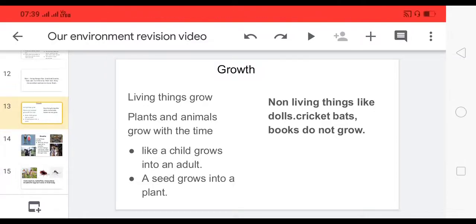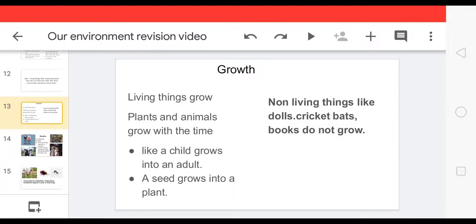The same goes for your bicycle. When you were in first standard or nursery class, you had a small bicycle. It was the same as it is, but now your height and weight have increased, which means you are a living thing, that's why you grow. But a bicycle is a non-living thing, it stays the same.